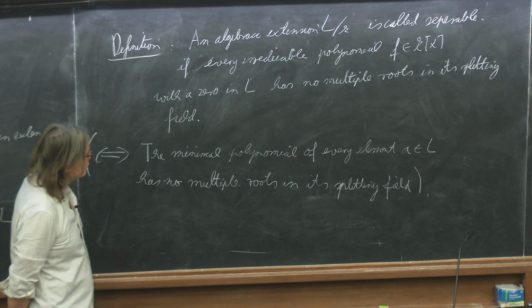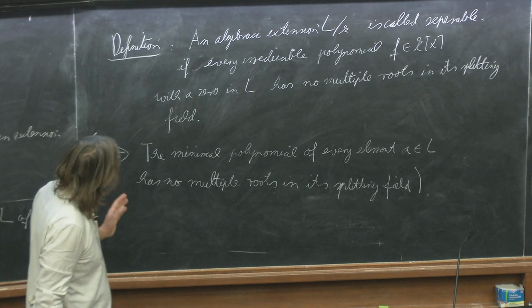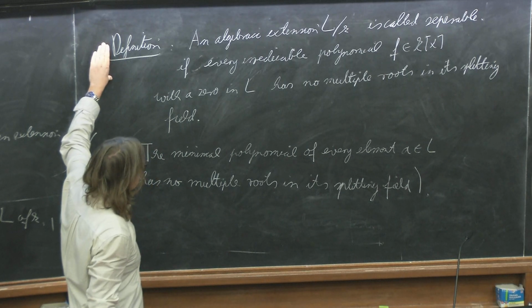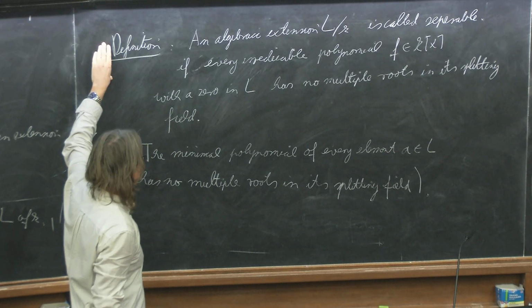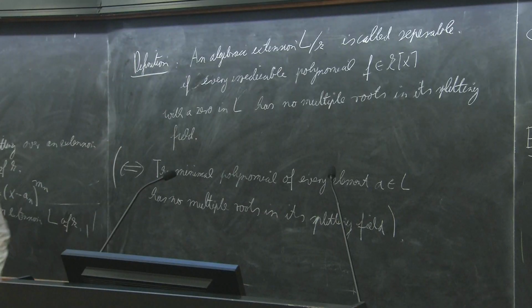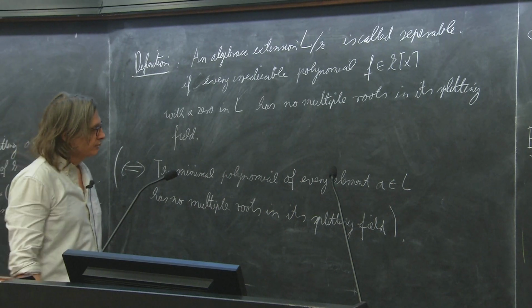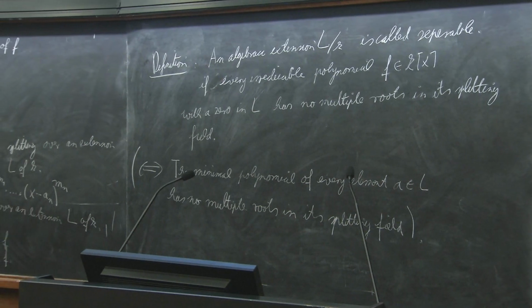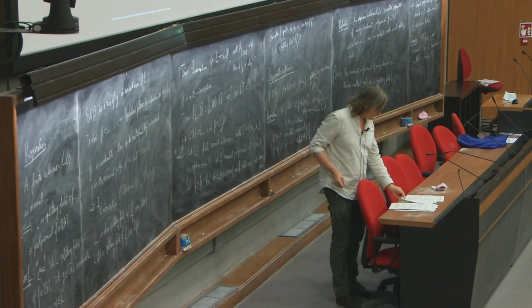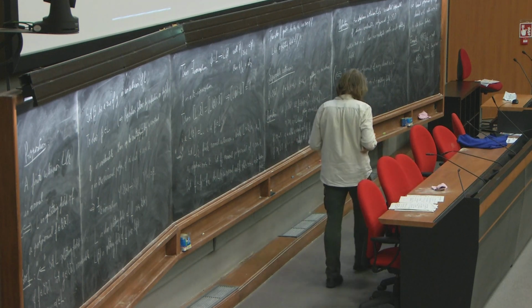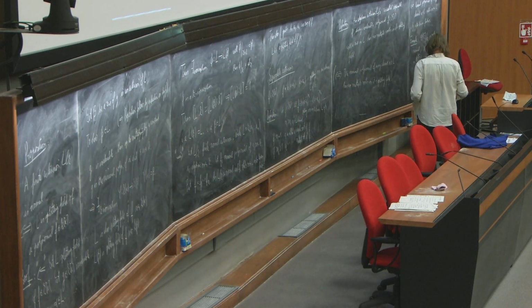So again, it's not obvious at all whether separable field extensions even should exist. But we will see in a moment that, for instance, if we are in characteristic 0, all field extensions are separable. So under, so to speak, reasonable assumptions, this is not really a condition. This will always be the case. So in order to study this question, maybe I can first just introduce a couple more words.